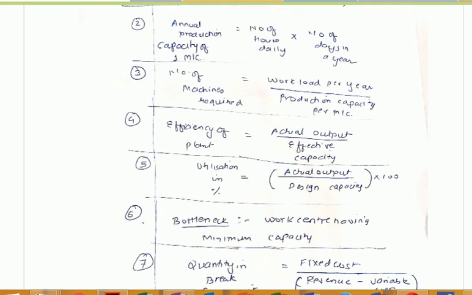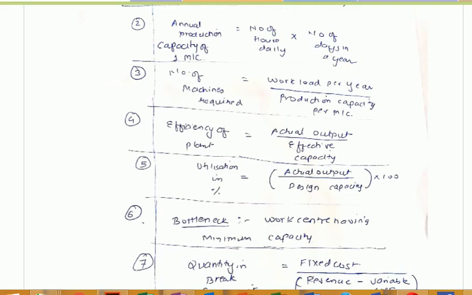So effective capacity is the capacity which a firm expects to achieve under actual business conditions, whatever there is in the current field. Design capacity is the output a system or a firm can achieve under ideal conditions. If everything is ideal up to the mark, how much output we can achieve is the meaning of design capacity. So if we divide the actual output by design capacity, we get the percentage utilization.